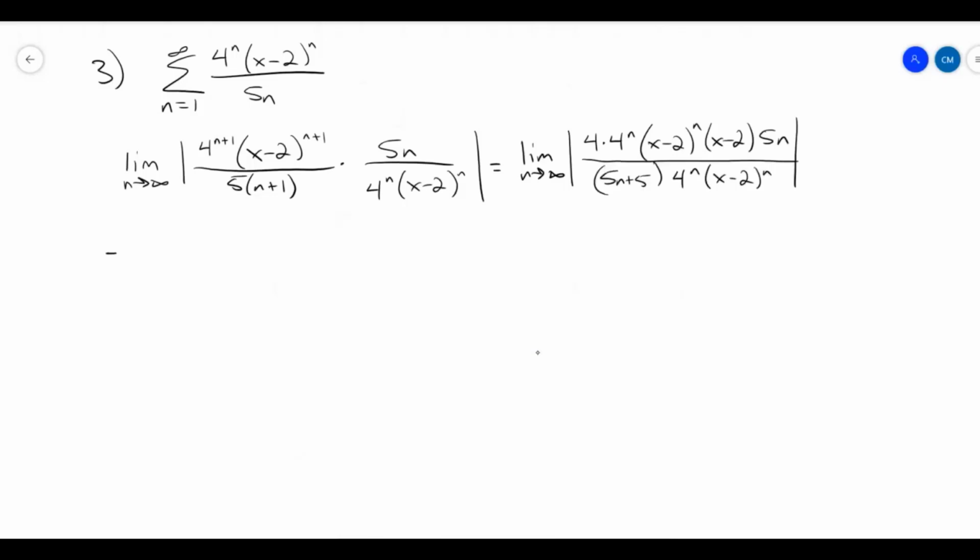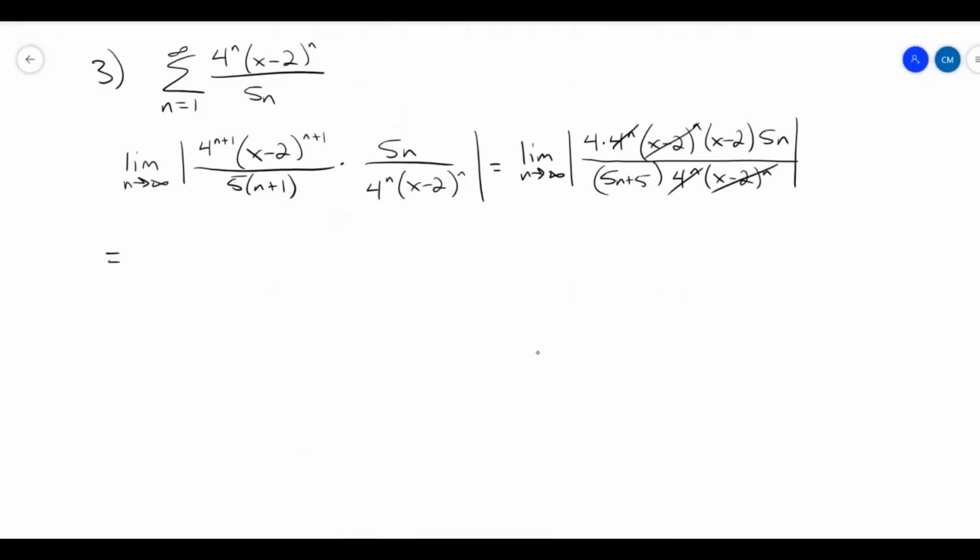Okay, so let's see what happens there. Those 4 to the n's are going to cancel. The (x minus 2) to the n's are going to cancel. The constant terms we can take out of the limit, that 4, and again, this x minus 2 can be viewed as a constant for the purposes of this limit, since it doesn't have any n's in it.